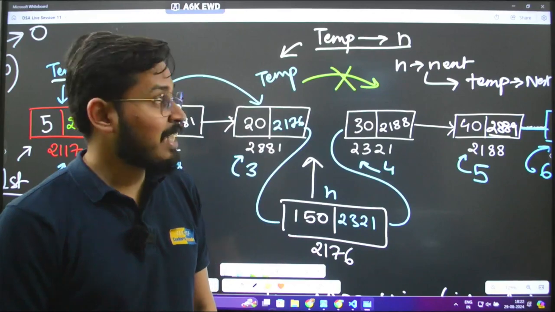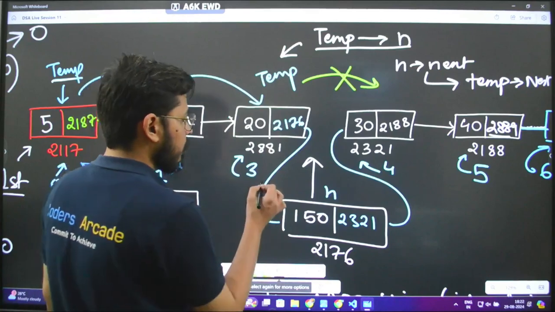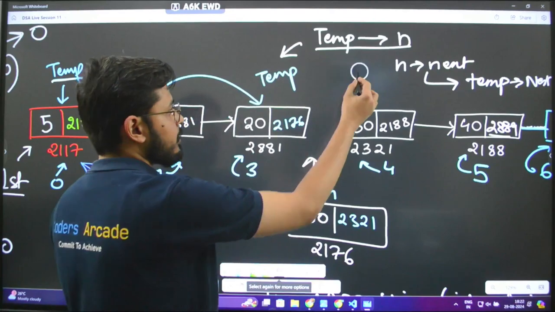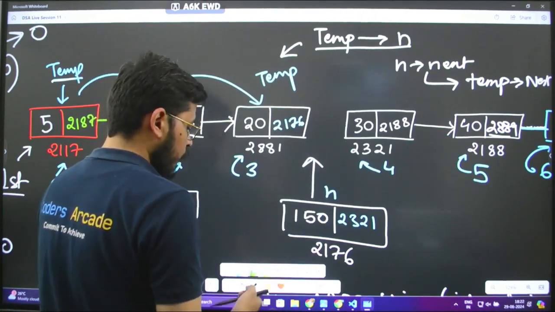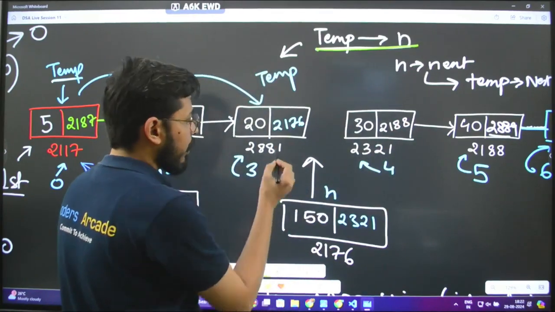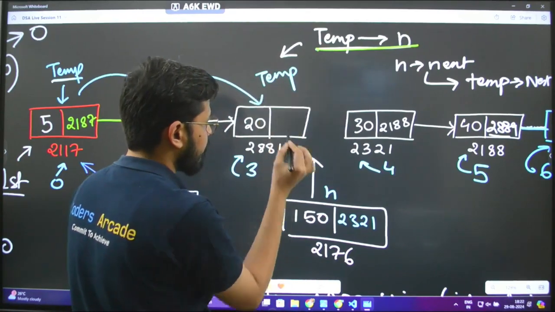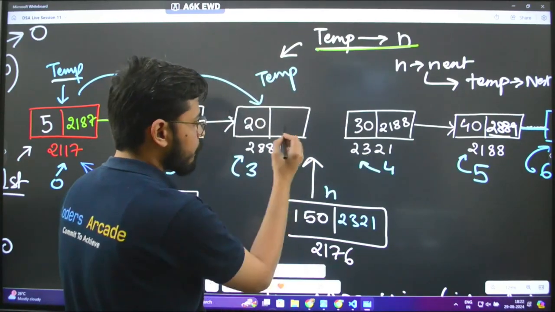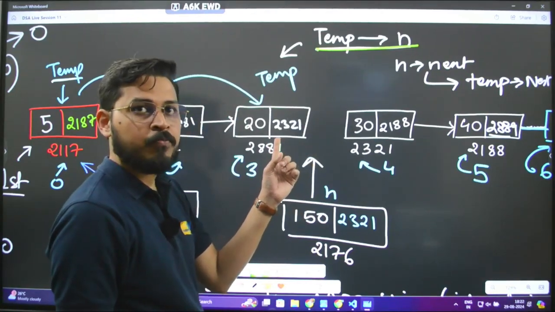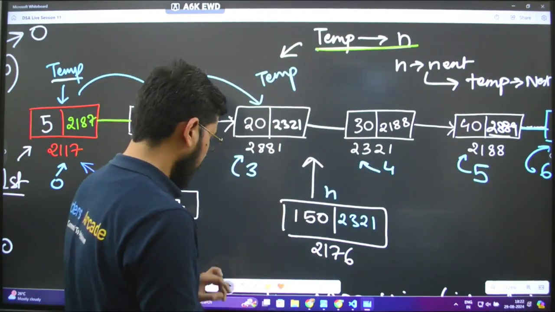But you have to take care of some things right here very carefully. And what are those? Imagine you have not done the connections yet. If I say temp of next is equal to n first, right now temp is storing 2, 3, 2, 1, which is right now this, correct? Am I correct or not?